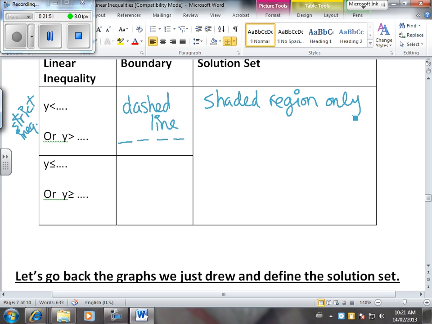Okay, so shaded region only, and I'll just draw my line in there. So the solution set cannot include the boundary.